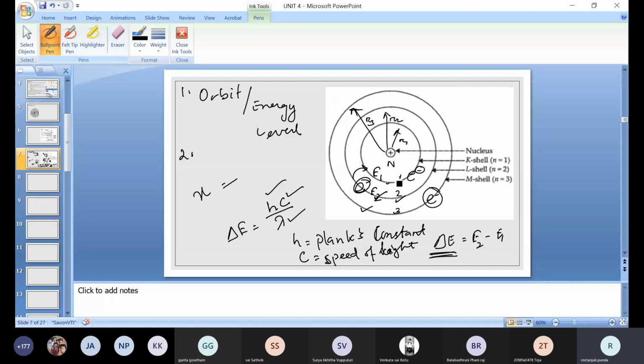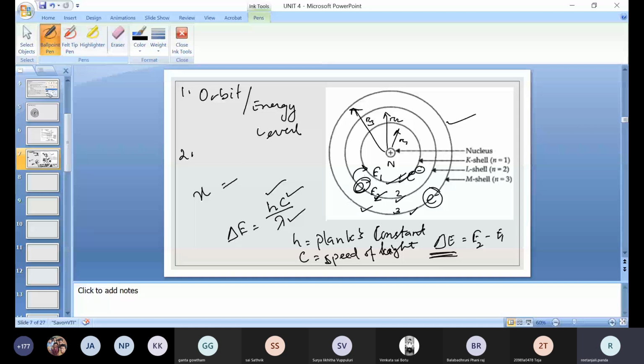Okay, that is what it is saying: the wavelength of the radiation emitted by an atom depends on the energy difference between the initial and final state.